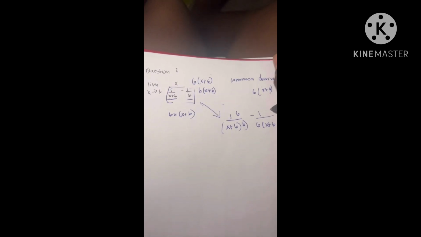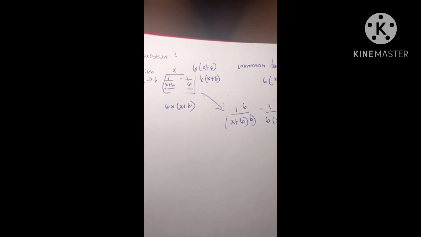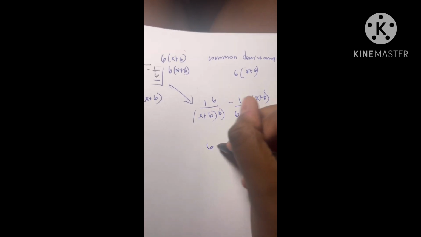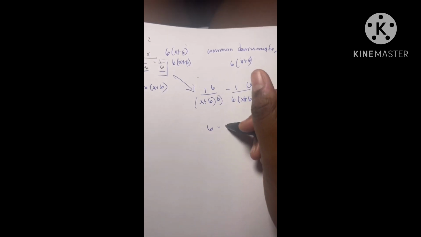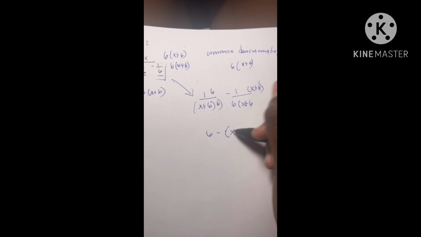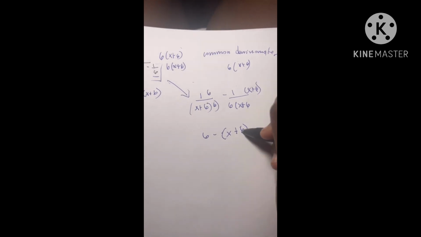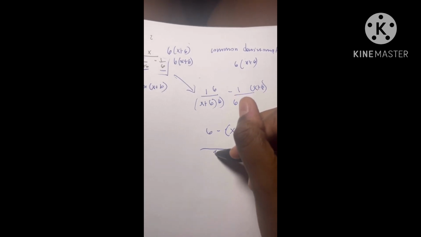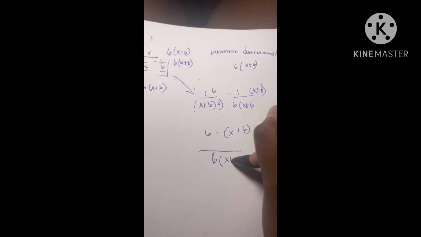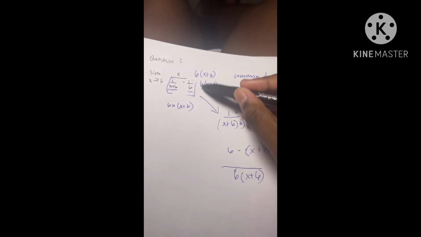And that would leave you with 6 minus x plus 6 in parentheses over the denominator, that is 6x plus 6, which you're going to have to divide anyway.